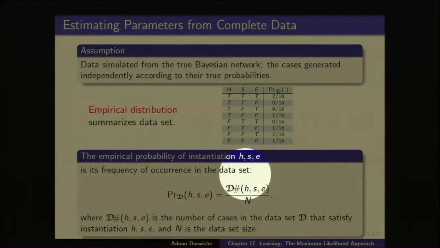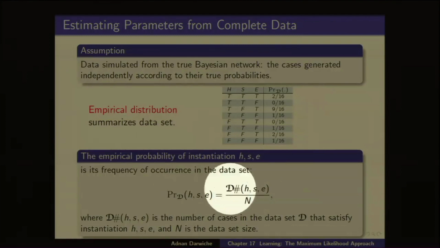When I say D sharp of H, S, and E, I'm saying how many times that particular instantiation appears in the data set. I'm dividing it by big N, which is the size of the data set. This is the empirical probability of that particular instantiation. This could be alpha more generally, which is any event. So I give you D sharp of alpha, and you simply count the number of rows in the data set that satisfy that alpha. That is the formal definition of the empirical distribution.